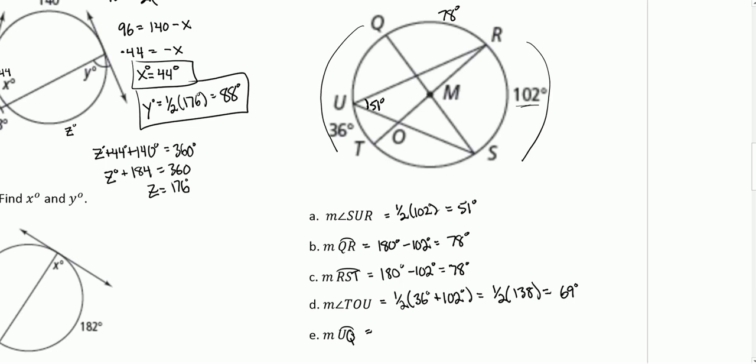Vertical angles are congruent, therefore, and they both correspond to those intercepted arcs. So QT is 102, and then we subtract out 36. And we're left with 66 degrees.